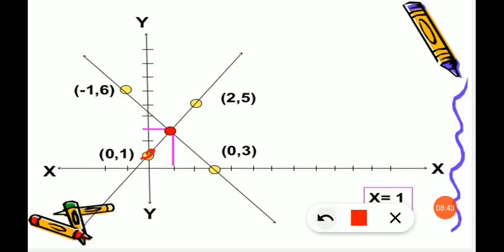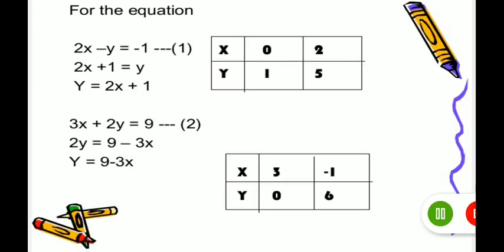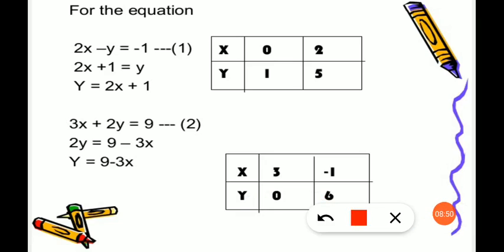In the same way we find the solution of the second equation, 3x plus 2y is equal to 9, or 2y is equal to 9 minus 3x, or y is equal to 9 minus 3x by 2. Suppose x is equal to 3, then 3 into 3 is 9, 9 minus 9 is 0, and 0 by 2 gives 0.